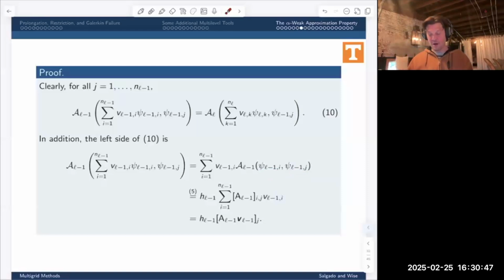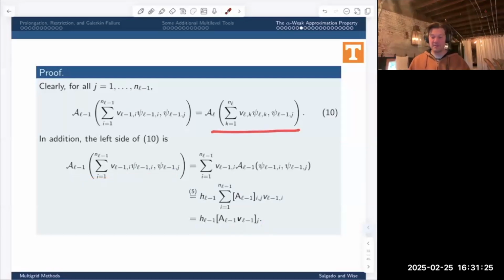Well, a property going pretty far back, property 5, said that object is just HL minus 1 times the element in the ith row and jth column of AL minus 1. Now remember that matrix is symmetric, so it doesn't matter if I have i here or j here, they can interchange, no problem. But I do get a factor of HL. Okay, so that tells us what this object is in terms of a matrix times a vector, or at least the coordinates of a matrix times a vector.